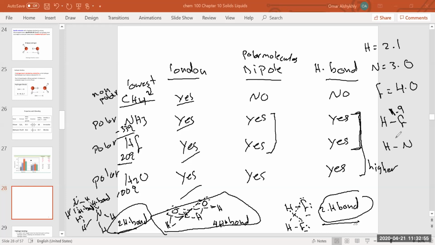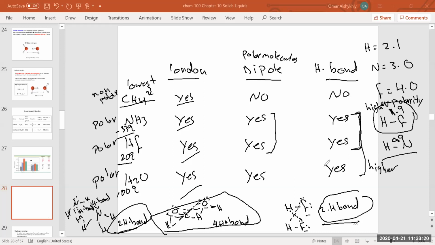Hydrogen and nitrogen, the difference is 0.9. So the HF will have higher polarity compared to the HN bond, or even the ammonia molecule.